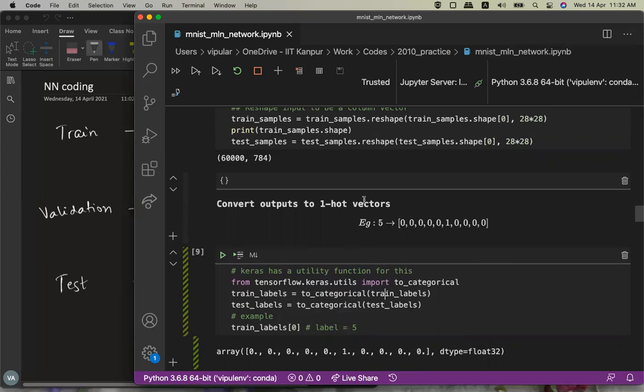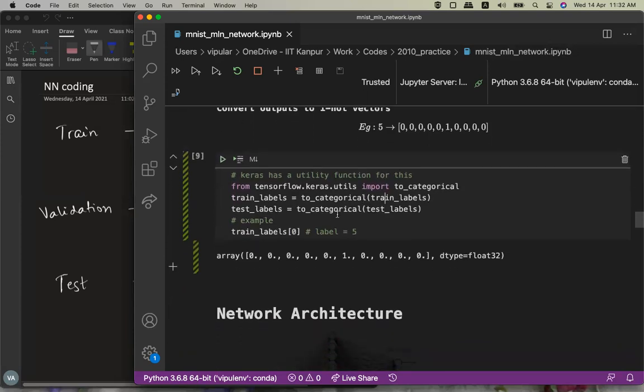Then we have made a one hot vector corresponding to each label. Then the one hot vector dimension will be 10 cross 784, right? No, 60,000 cross 10. 784 is the input size. Output size will be independent of that. 60,000 cross 10.